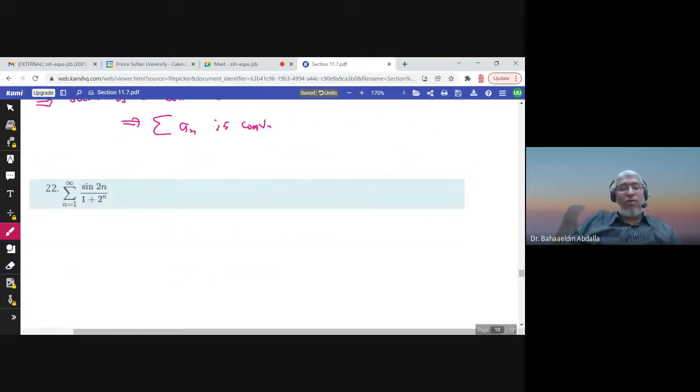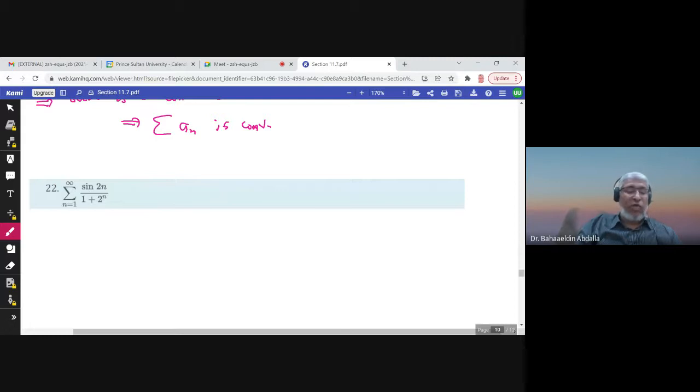Here we have a problem with this series because sine 2n is sometimes positive, sometimes negative. It's not alternating. If you replace n by 1, you find that sine 2 is positive, sine 3 is positive, sine 4 is negative, sine 5 is negative, sine 6 is negative, and so on.